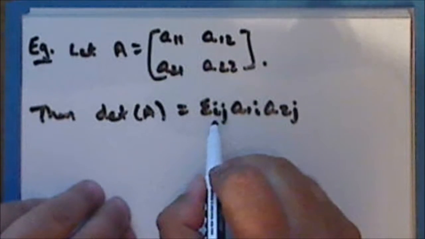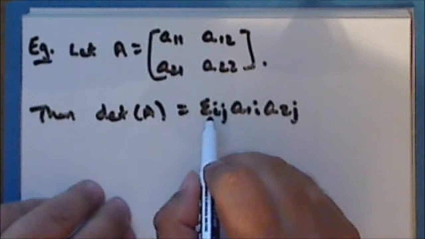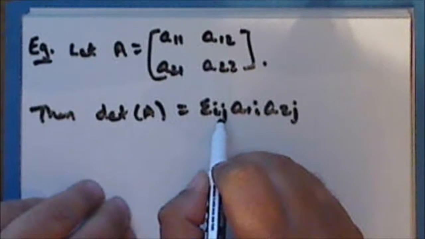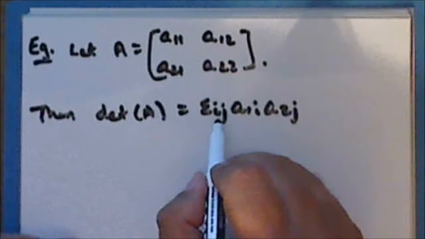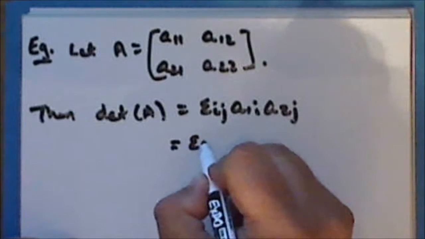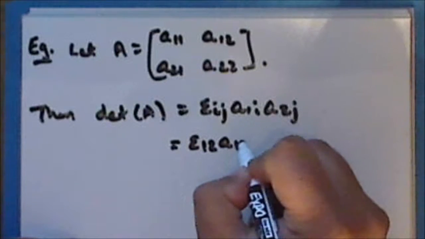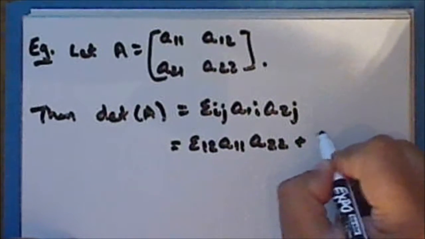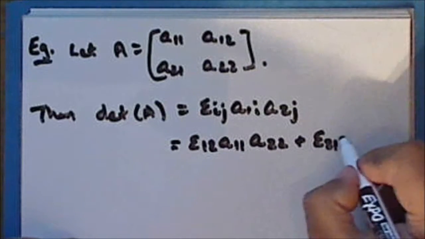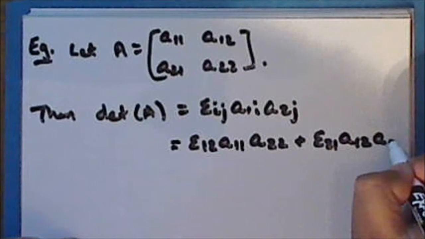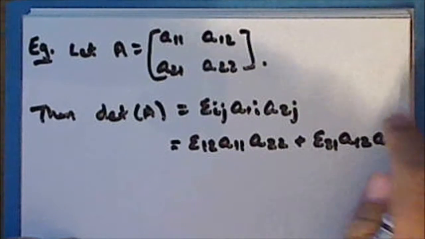Now we will only consider the Levi-Civita symbols where the indices i and j are not equal, and so there are two permutations, 1, 2 and 2, 1. So this is epsilon sub 1, 2, a sub 1, 1 times a sub 2, 2, plus epsilon sub 2, 1, a sub 1, 2 times a sub 2, 1.